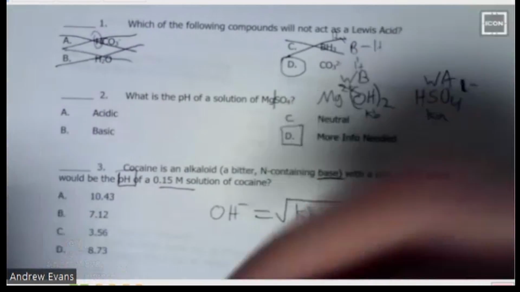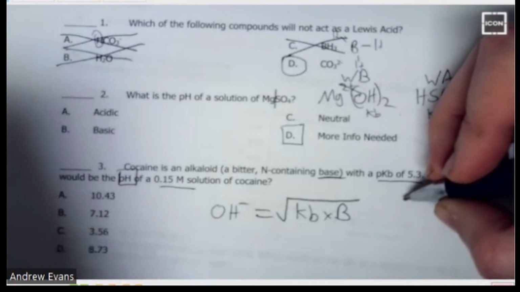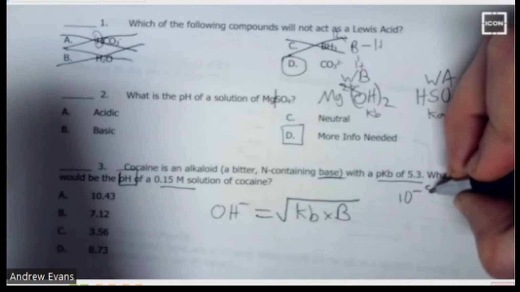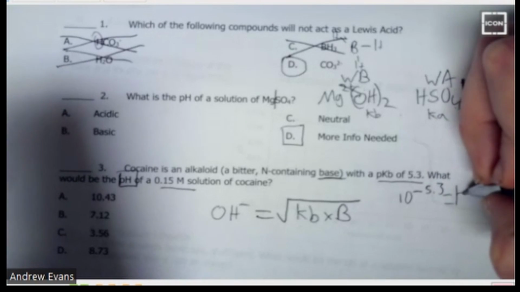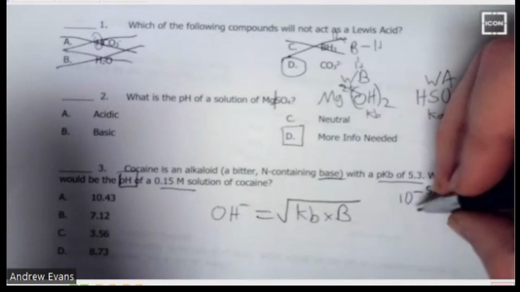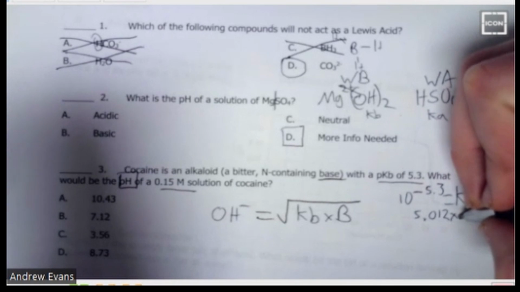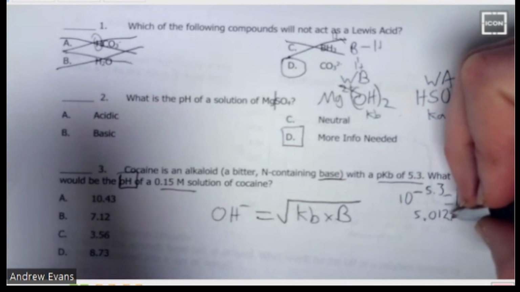First things first, turn my pKb into a Kb. So 10 to the negative 5.3 is equal to my Kb, which is 5.012 times 10 to the negative 6.